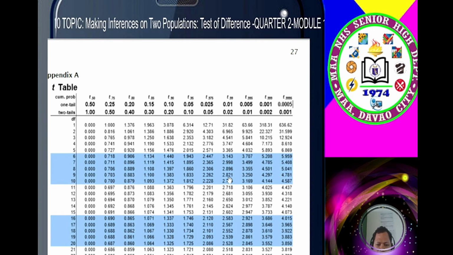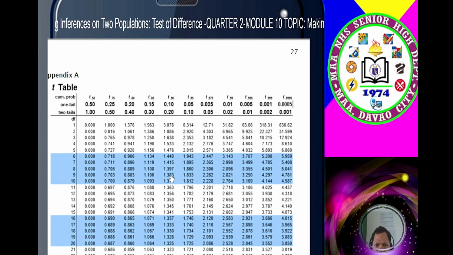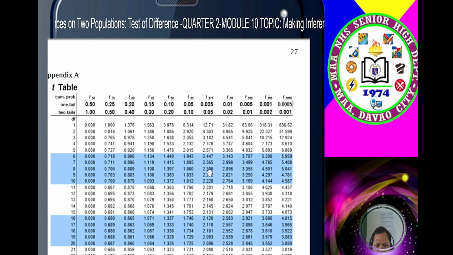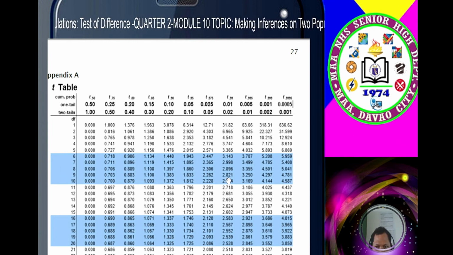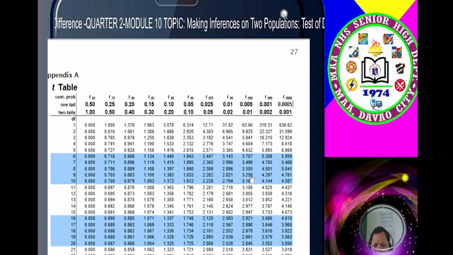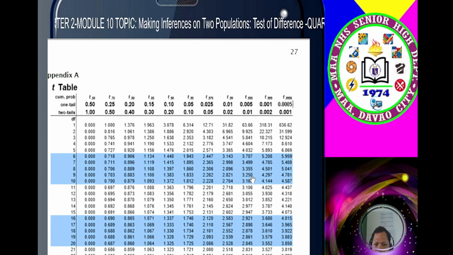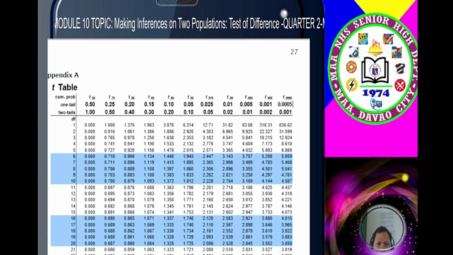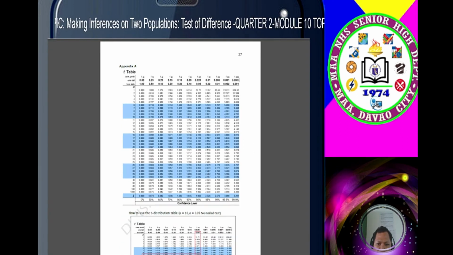We have here a 9, so it is here, 3.25. So our critical value here is 3.25. Hope it is clear how to use the table of values.